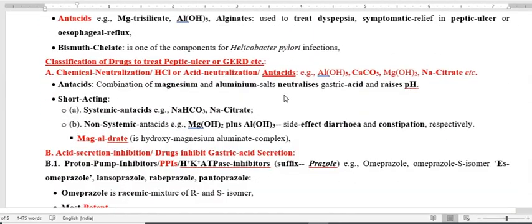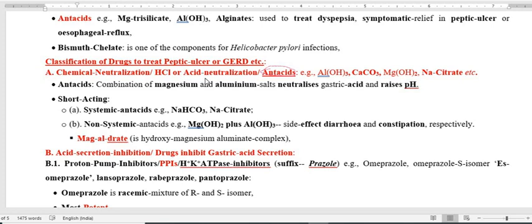So the first drug class that we are going to discuss under the classification is called antacid. The name is indicating against the acid. So here we are going to discuss only the chemicals which neutralize the acid that has already been released and is present in the stomach.